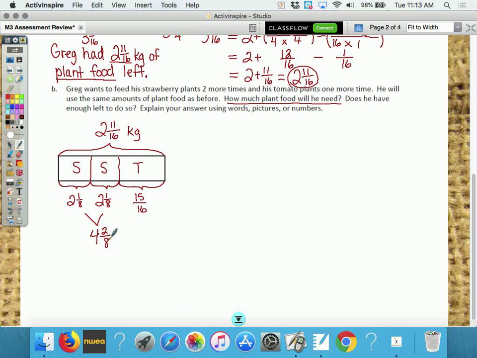So, go ahead and write down your problem, 4 and 2/8 plus 15/16. So 2/8.